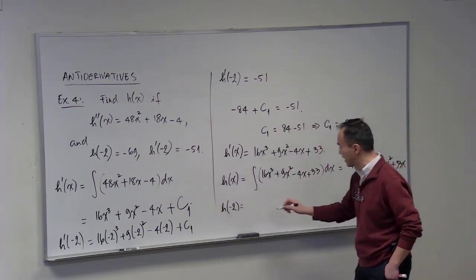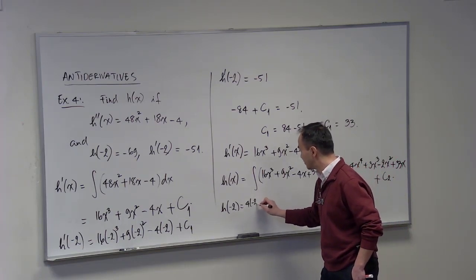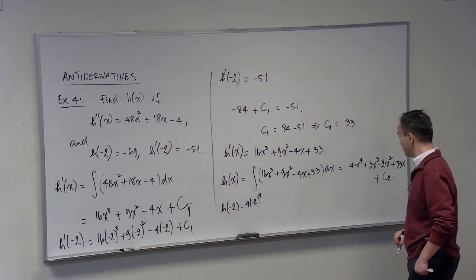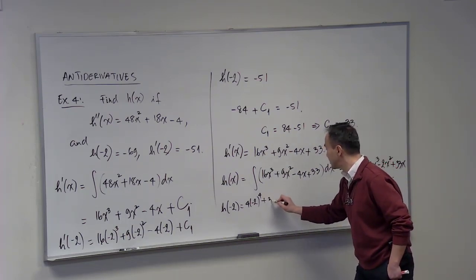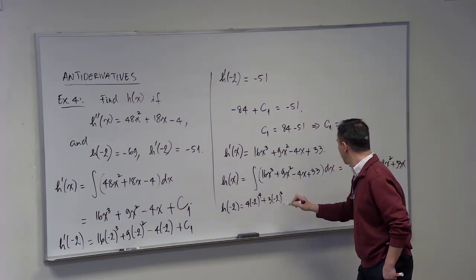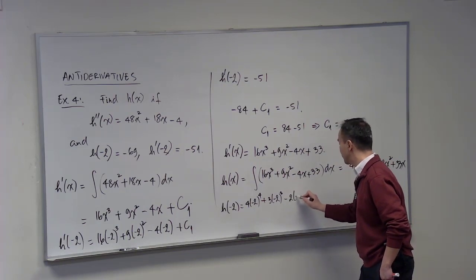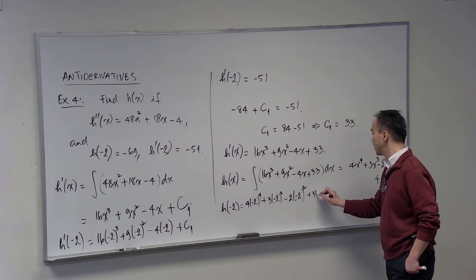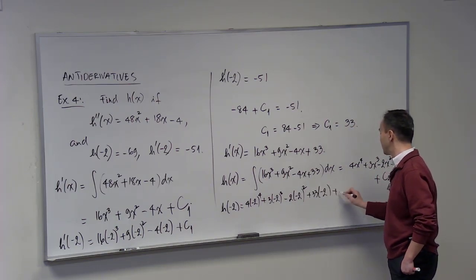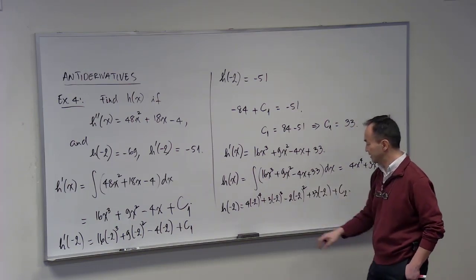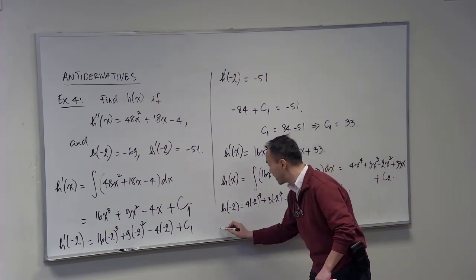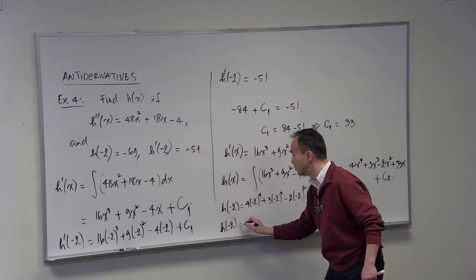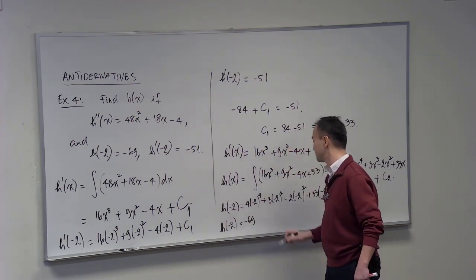Substituting in -2: 4 times -2 to the 4th power plus 3 times -2 cubed minus 2 times -2 squared plus 33 times -2 plus C2. That's on one hand. And h of -2 on the other hand is given as the requirement, equal to -69.